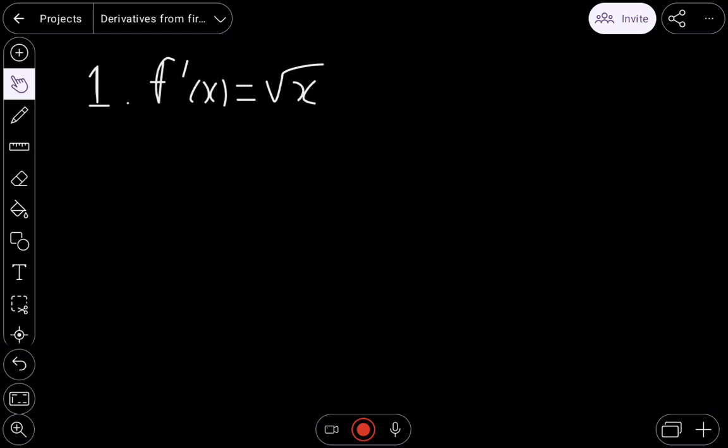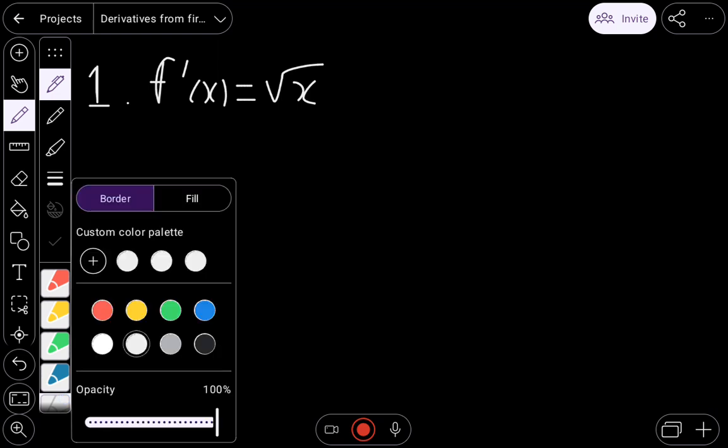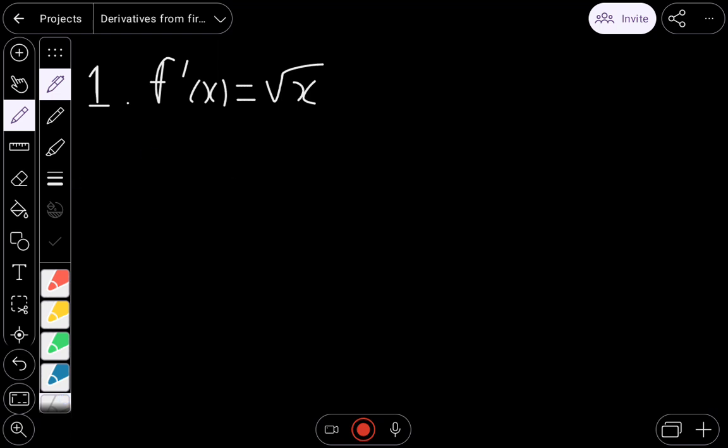Okay, we know that from first principles the equation is this way.